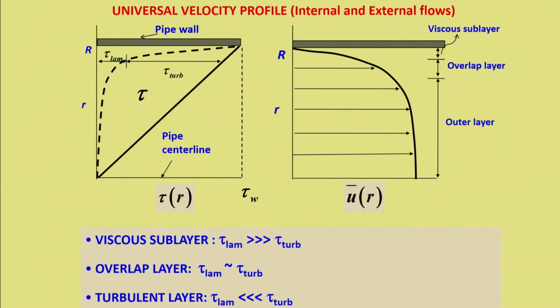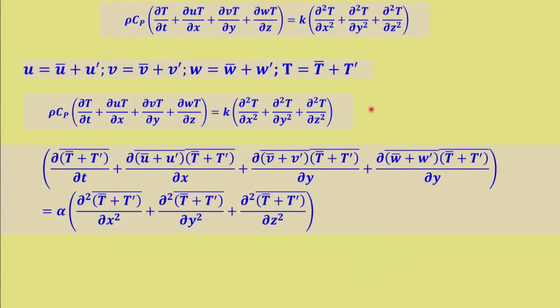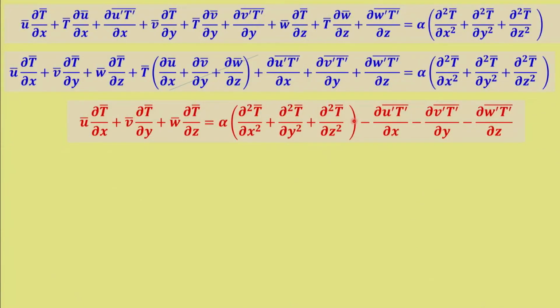And we studied the universal velocity profile, where we said that 3 layers are there: viscous sublayer where laminar shear stress dominates, outer layer where turbulent shear stress dominates, and in the overlap layer both are equally important.